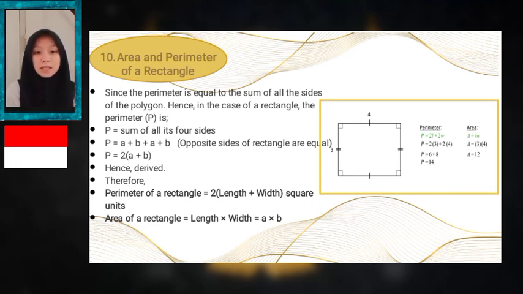P is 2 times A added to B, hence derived. Therefore, the perimeter of a rectangle is 2 times length added to width, in square units. Area of a rectangle is length multiplied by width, which is A multiplied by B.